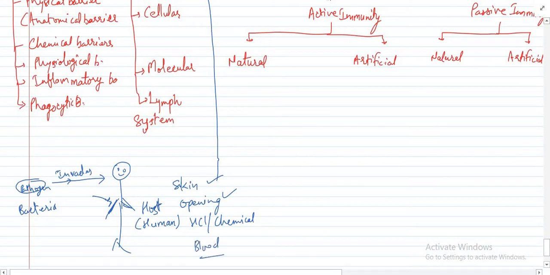Okay. Whenever they reach the blood, they can reach it from the digestive system. They also can reach it from our respiratory system. Okay, suppose a pathogen entered through your mouth or your nose and then reaches your trachea, and then it goes from the trachea to your bronchioles and again passes to the lung alveoli.